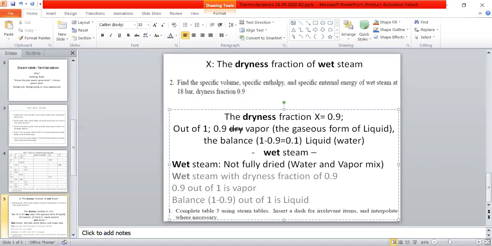The vapor we denote with capital V at the moment, and liquid we use L. L for the liquid and V for the vapor. So here 1 minus 0.9 is 0.1, out of 1.